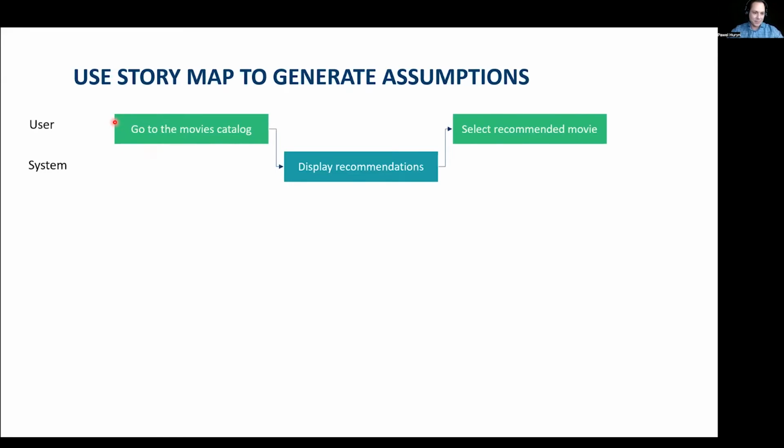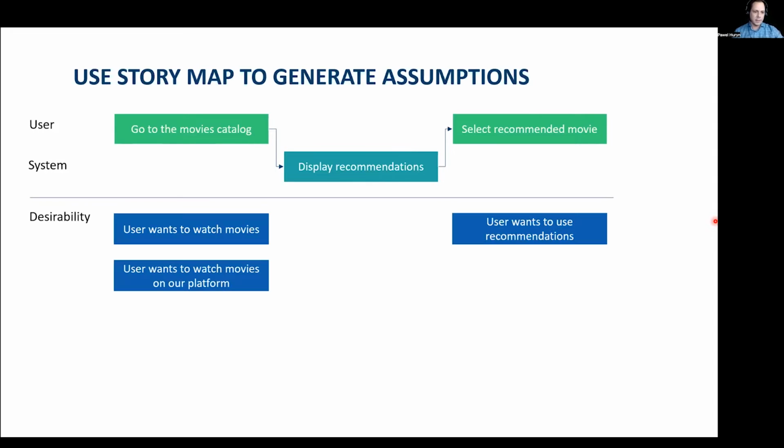So for example, the first step may be that users go to the movies catalog, then the system will display recommendations and the user selects a recommended movie. So this is a very simple story map. And for this story map, we can start thinking about assumptions from different categories, related to the risks that I mentioned at the beginning.